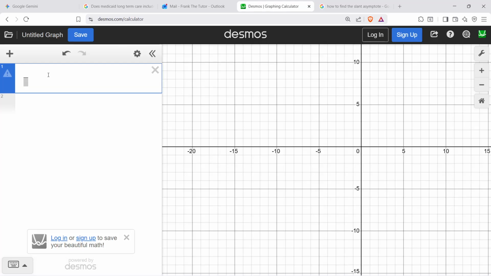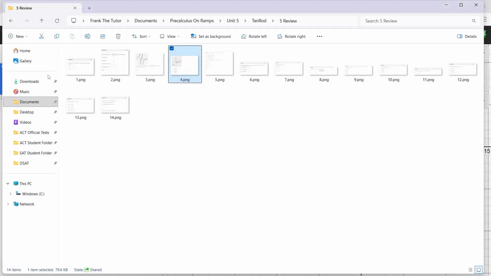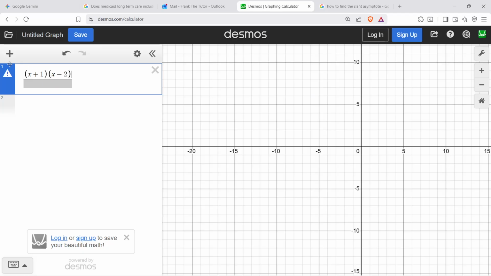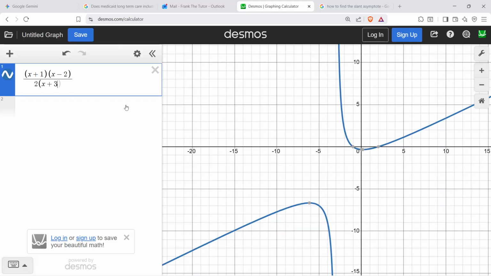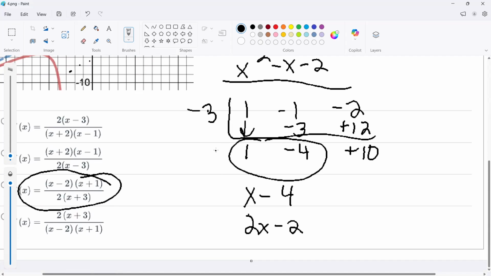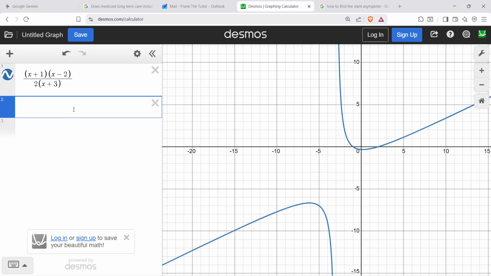I'm just trying to get the asymptote. x plus 1 times x minus 2 over 2x plus 3. And so the slant asymptote is x minus 2?